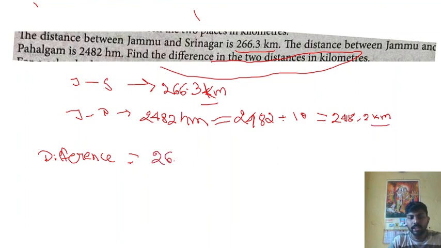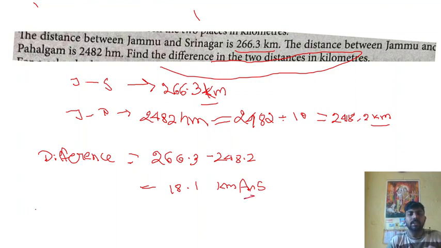So 266.3 minus 248.2. What am I getting? I get 0.1, then 8, then 6 minus 4 is 2... so 18.1 kilometers is your answer. This is the difference between the two distances.